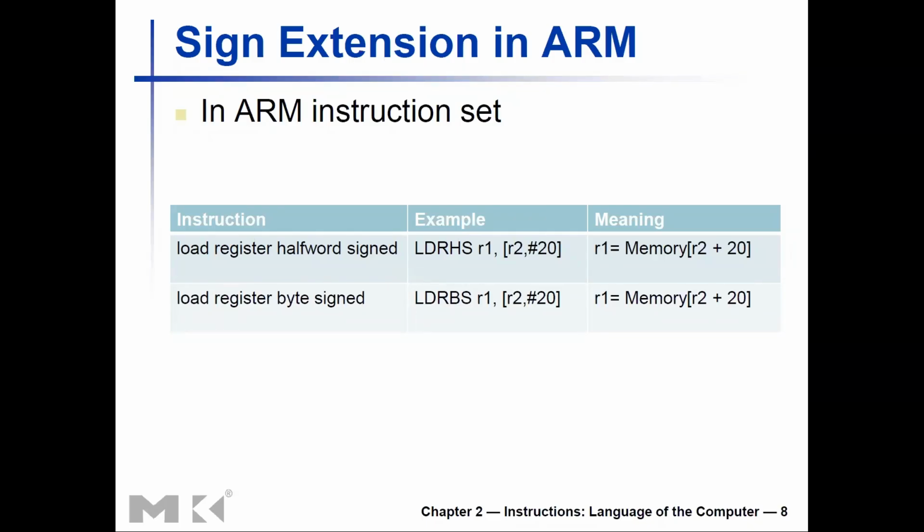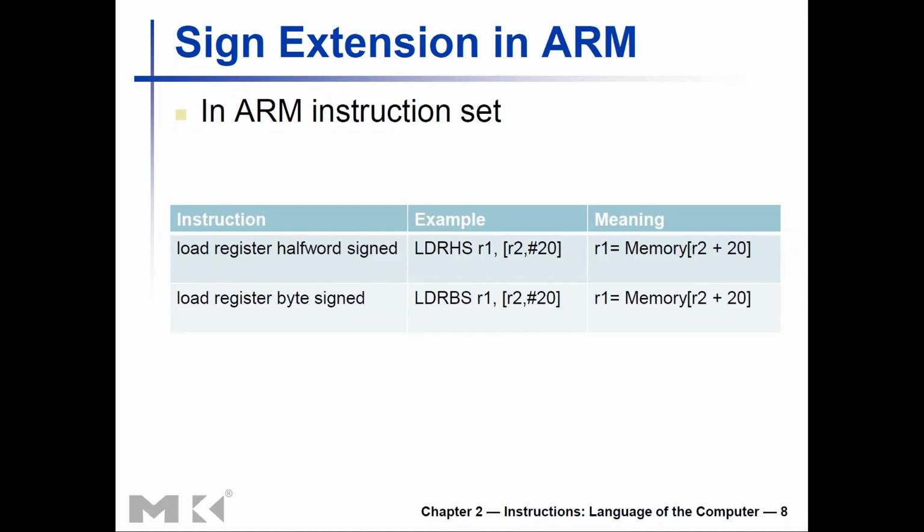If it was LDR R1, R2 hash 2, you took a full word in memory and placed it in one of the registers in the register file. But here we are taking only a half word. A half word, of course, is half of 32 bits, that is 16 bits.